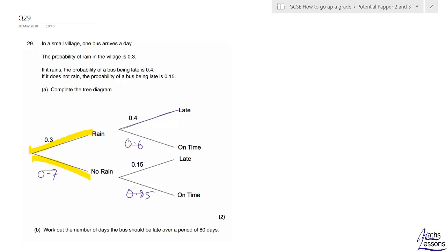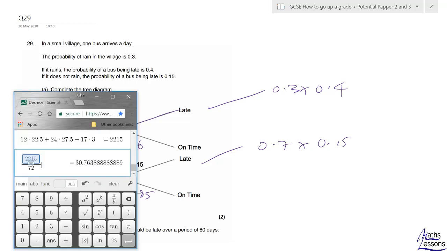So the probability it's late is going to be that one, and this one is 0.3 times 0.4, and this one is 0.7 times 0.15. So just put that all into your calculator. So 0.3 times 0.4, which is 0.12, isn't it?